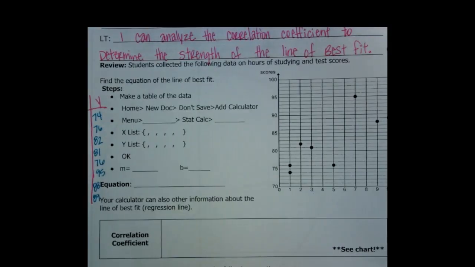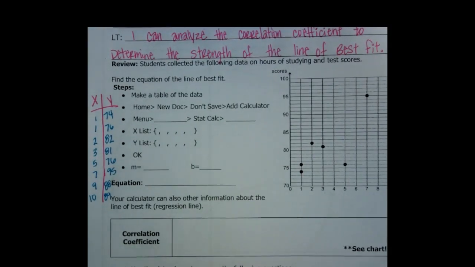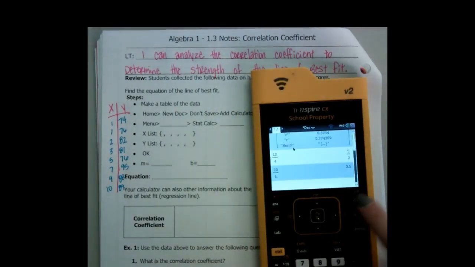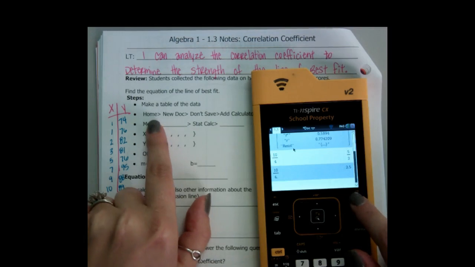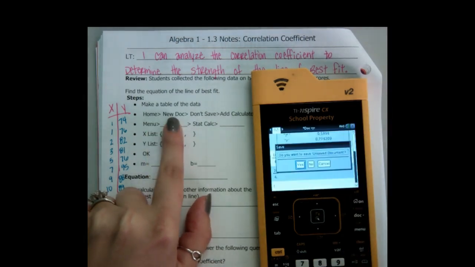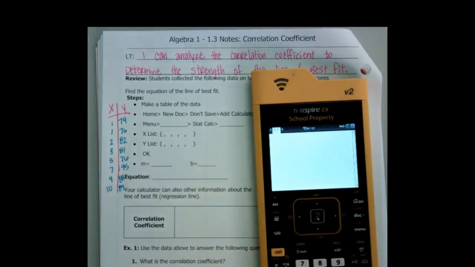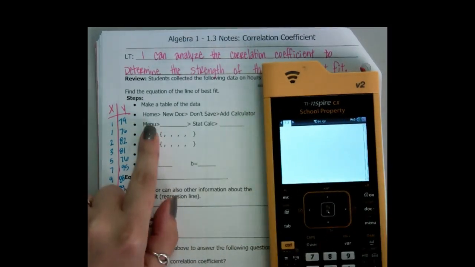Okay, so once I have all those points written on this table, so you can see the whole thing, we're going to plug it into our calculator. So you always want to make sure you do home screen, new doc, don't save, and then add a calculator. That way it clears out any old problems that we have. All right, best button in the whole calculator, menu.